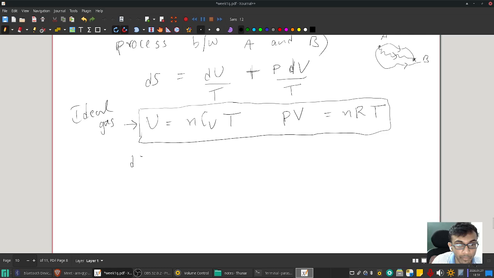We now know the particular functional forms of internal energy and the pressure from the state equation, so you can simply plug those there.